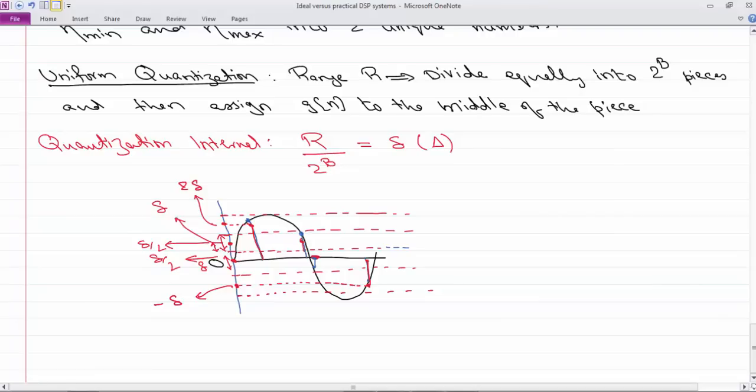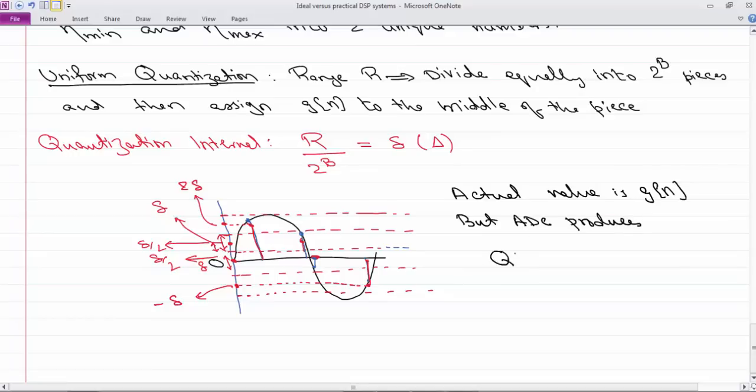So what happens is that when you're using an ADC, the actual value is G of n, but the ADC produces, due to quantization, Q of Gn equal to G hat n, which in most cases is not going to be equal to Gn.